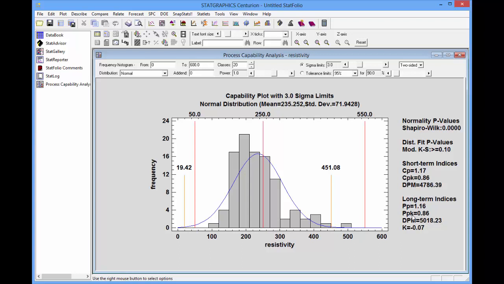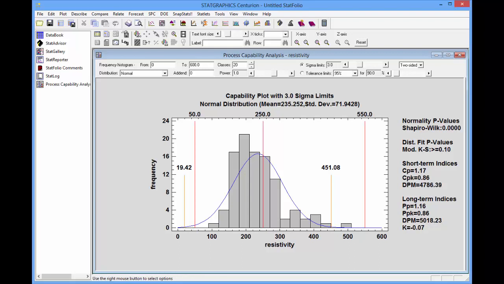There's not much difference in our data between capability and performance because our mean is quite stable. You'll also see the estimated defects per million. It's around 5,000 defects per million. The value of K equals minus 0.07, which indicates that our mean is below the target value by about 7% of the distance between the target and the lower spec.